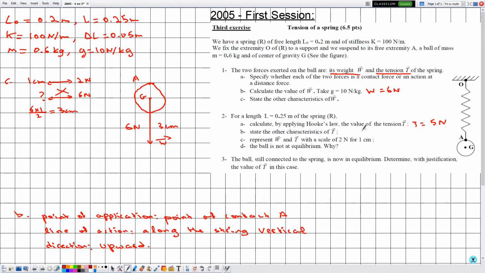Now we need to represent the vector T, knowing that its magnitude is given by 5 newtons. So each 1 centimeter corresponds to 2 newtons. What about the 5 newtons? Now if we crisscross, 5 multiplied by 1 divided by 2 will give us 2.5 centimeters.